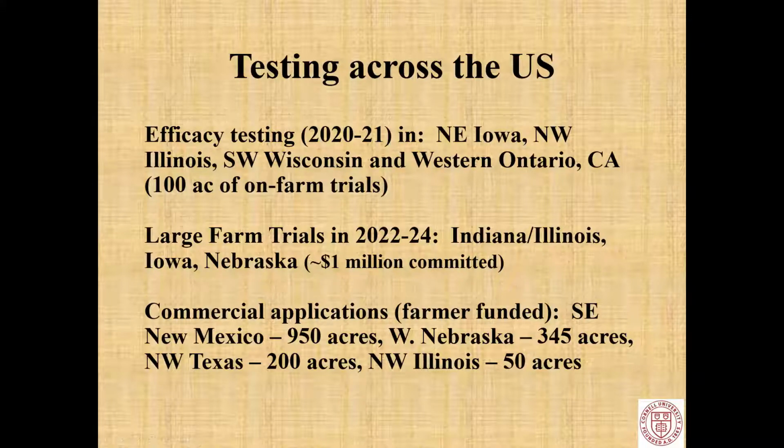Those nematodes will be applied this coming spring. And there are farmers that have decided not to wait for the academics, and there were 950 acres applied in Southeast New Mexico. Western Nebraska is 350 acres, Northwest Texas, and Illinois.